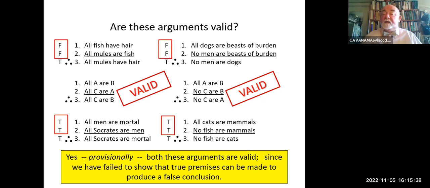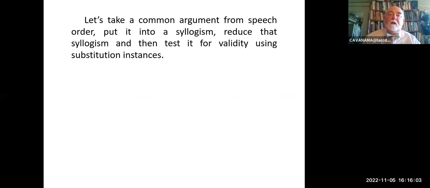The first one's kind of easy because it's, again, our barber syllogism: all men are mortals, and so on. The other one, though, we can see by the cats and mammals example: no cats are mammals, no fish are mammals, therefore no fish are cats. We've not made that argument produce a false conclusion given true premises, so therefore, we call it provisionally valid.